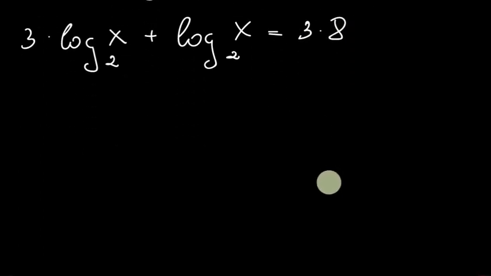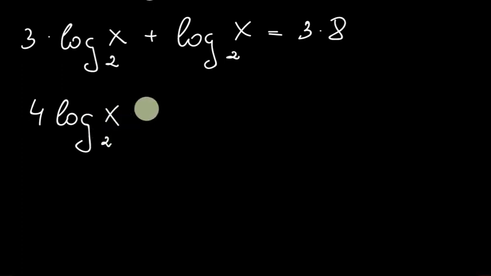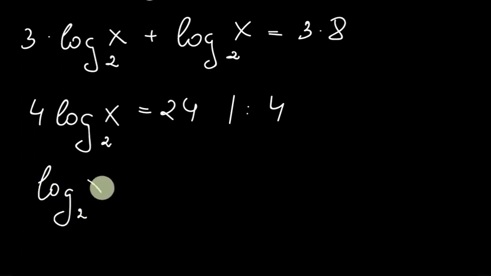So now let's simply add these logarithms, and we get that 4 logarithms of base 2 of x is equal to 24. Let's divide it by 4, and we get that log base 2 of x is equal to 6.